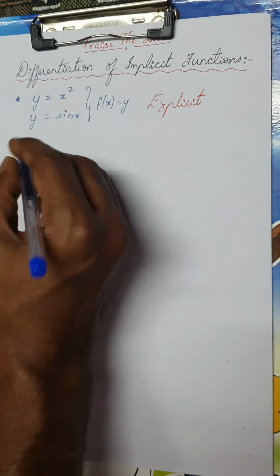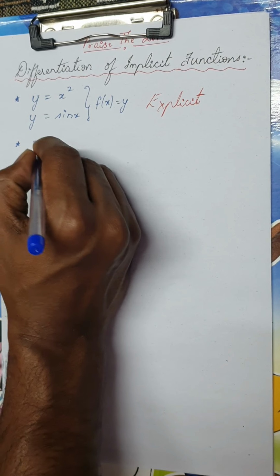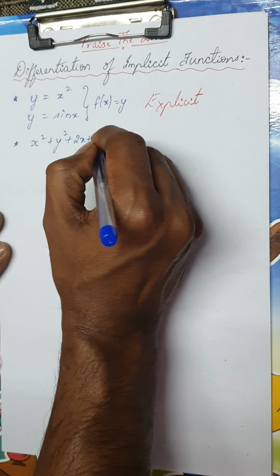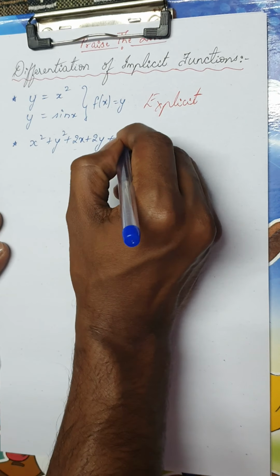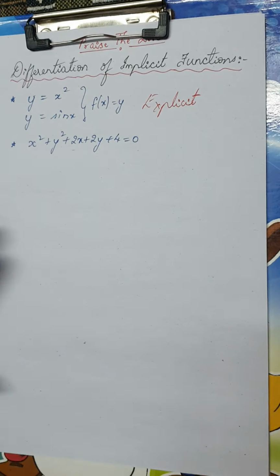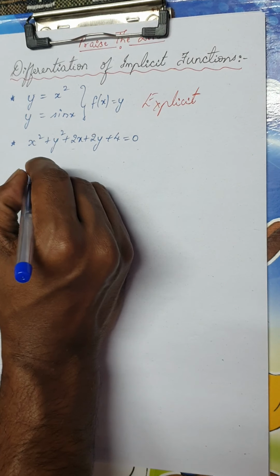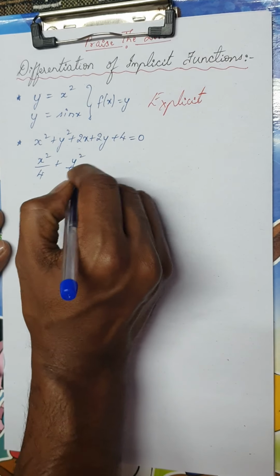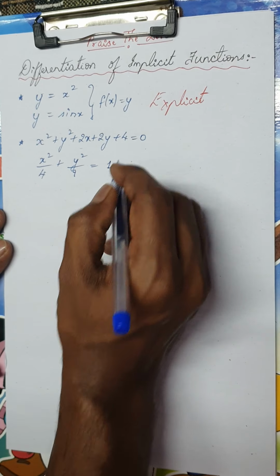For example, if you consider x square plus y square plus 2x plus 2y plus 4 equals 0, or else you can also consider x square by 4 plus y square by 9 equals 1.